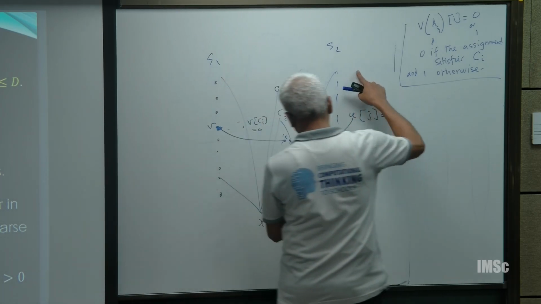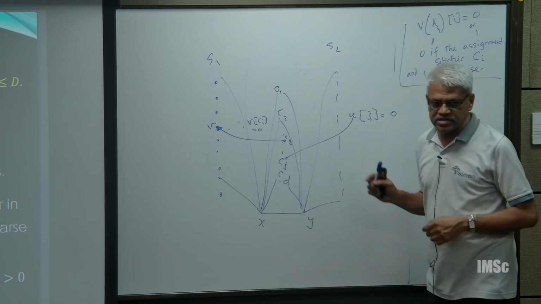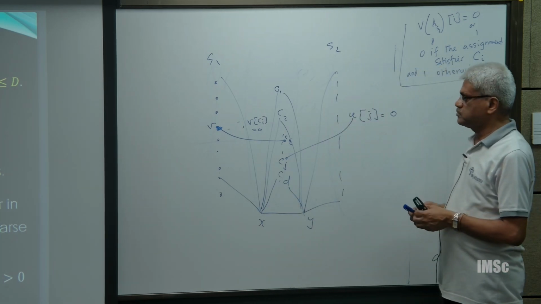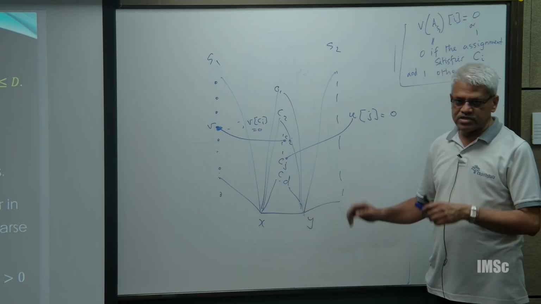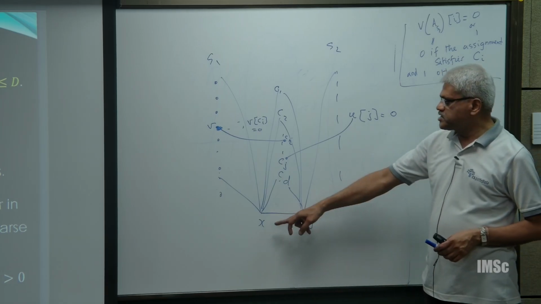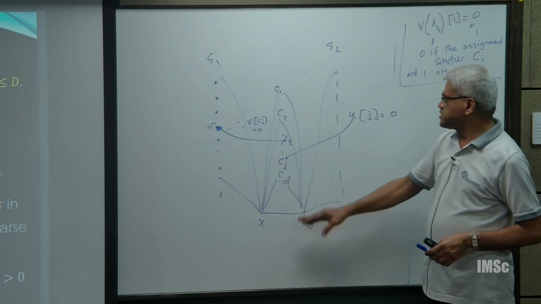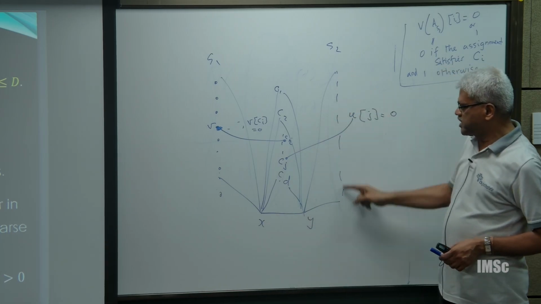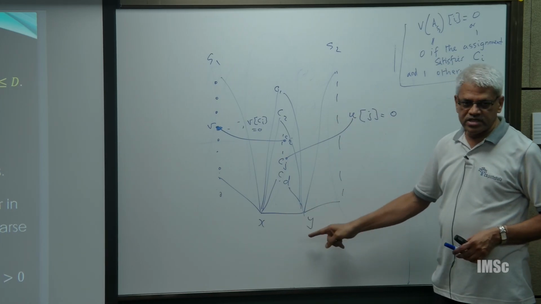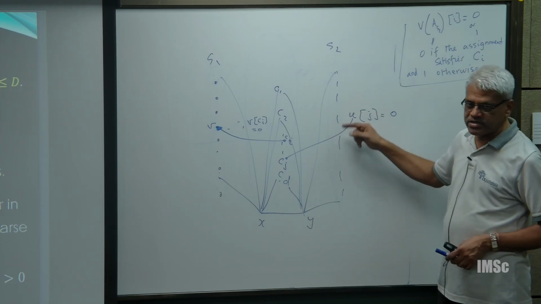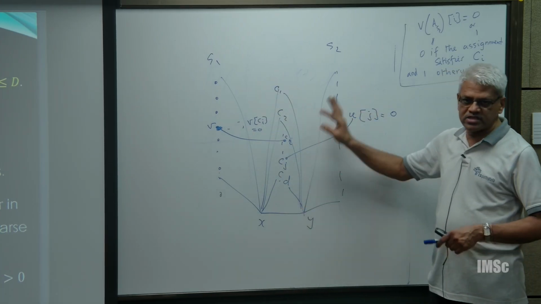If you pick a pair of vertices here, through y the distance is 2. X and y have distance 1, and x is adjacent to all these vertices, but if I want to reach a vertex here from x, the distance is 2 again, through y. Similarly, y can reach all the vertices at distance 2.